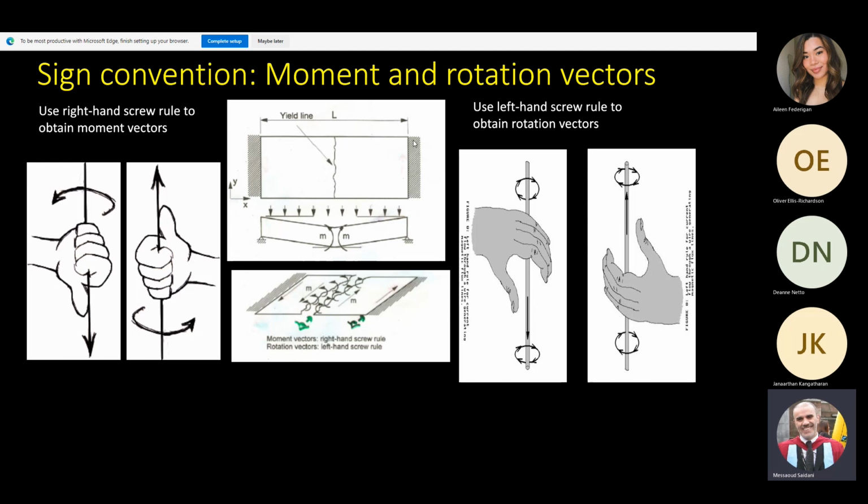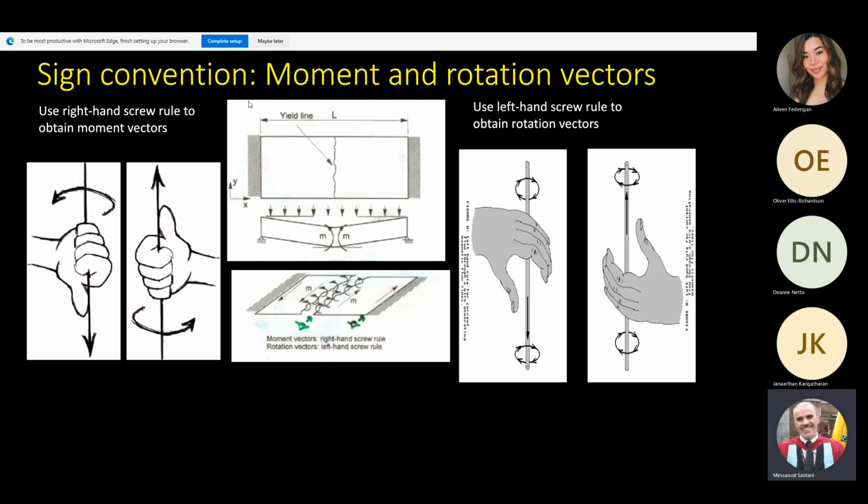How is it rotating about this edge? Anti. So the moment is clockwise because it's a moment of resistance. Similarly, for this side of the slab, the rotation is clockwise, so the moment is anti-clockwise. Clear? Okay.